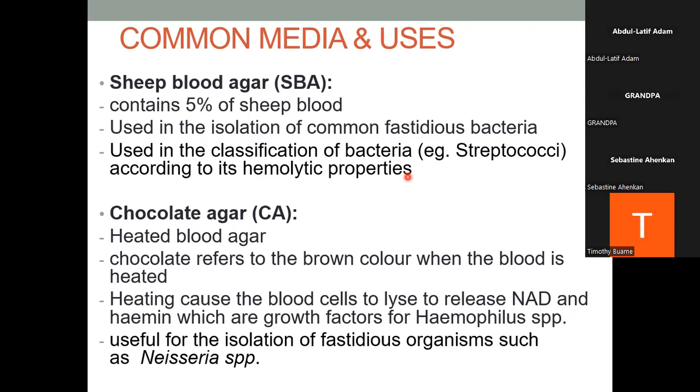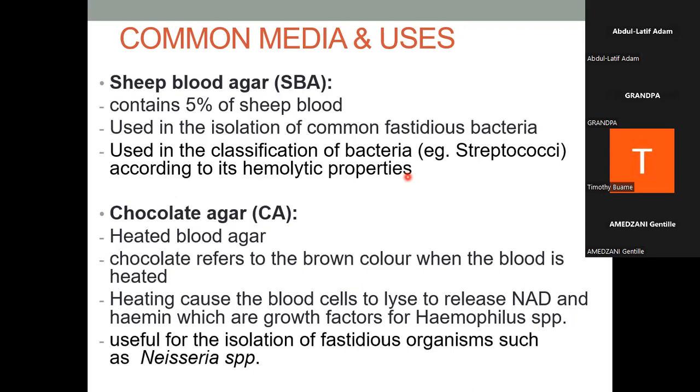No, it is when the blood has been heated, the blood will get lysed, and then it will turn color to become brown. So once again, it is the brown color which gives the name chocolate agar.